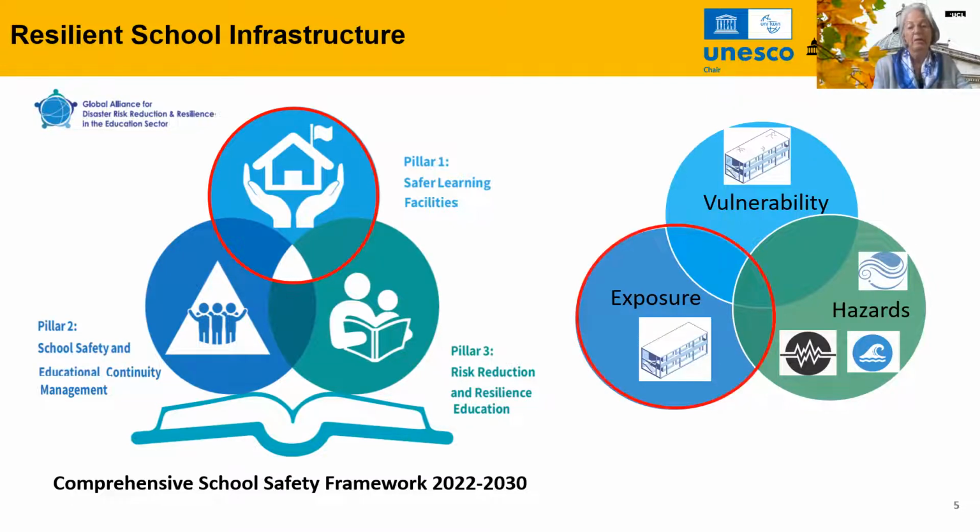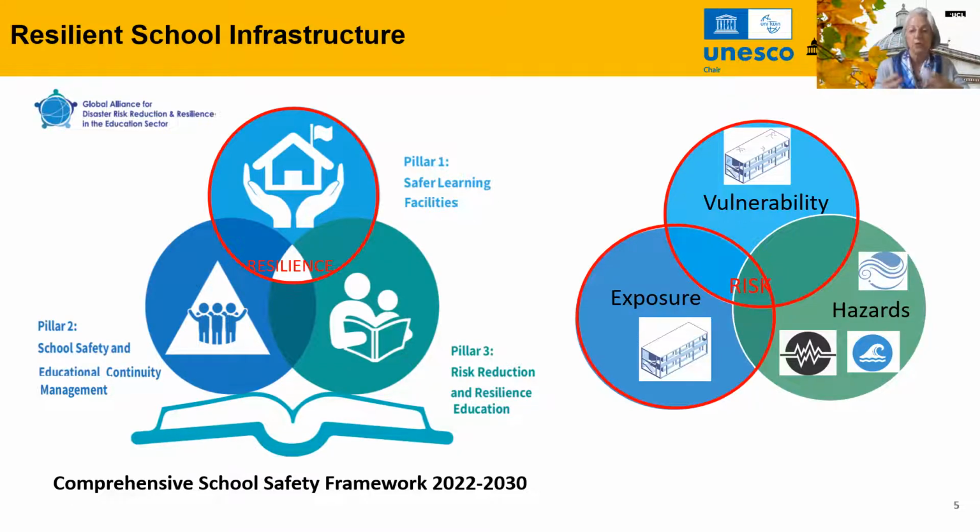When we look at the diagram on the right, we have already spoken about exposure in the course that we delivered in July. We now want to look at the second component of the equation that determines risk, the vulnerability. When we intersect vulnerability, exposure, and any specific hazard, then we can compute risk.